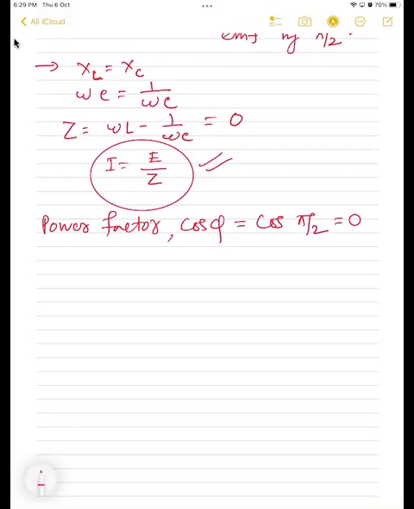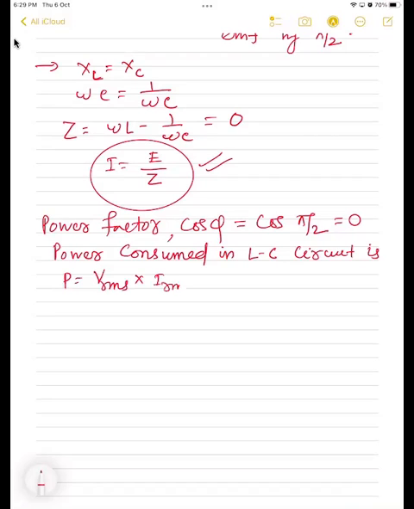So power consumed in an LC circuit is P equals VRMS times IRMS times cos phi, that is 0.